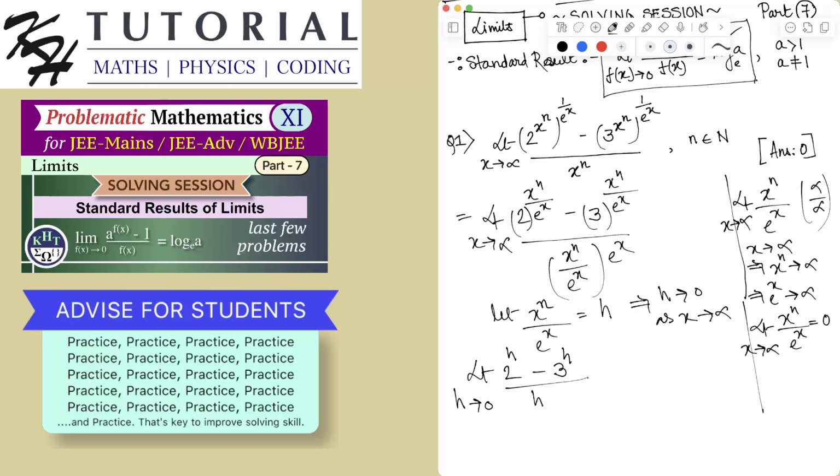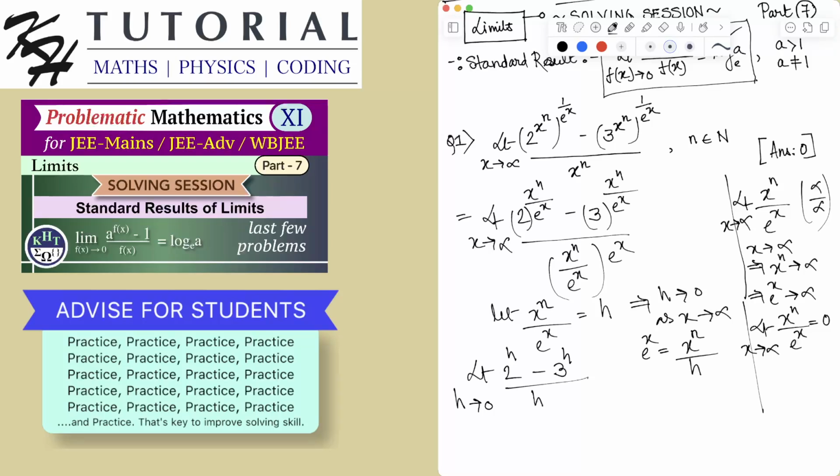Now I have to convert all the limits in terms of h. x to the power n divided by e to the power x, we have assumed to be h. So what will be e to the power x? e to the power x is equal to x to the power n divided by h.